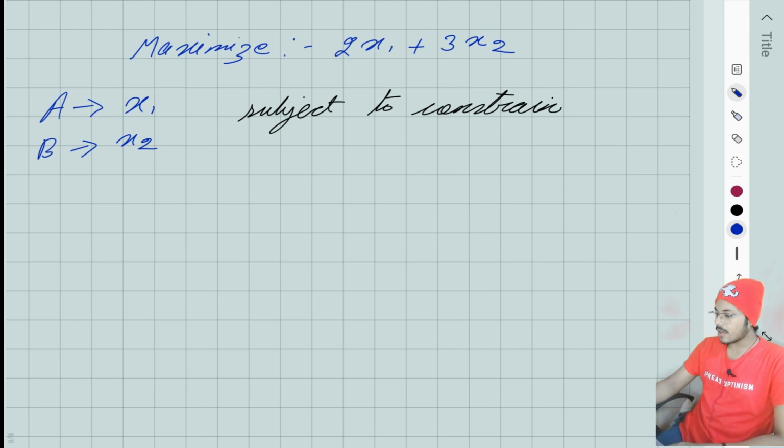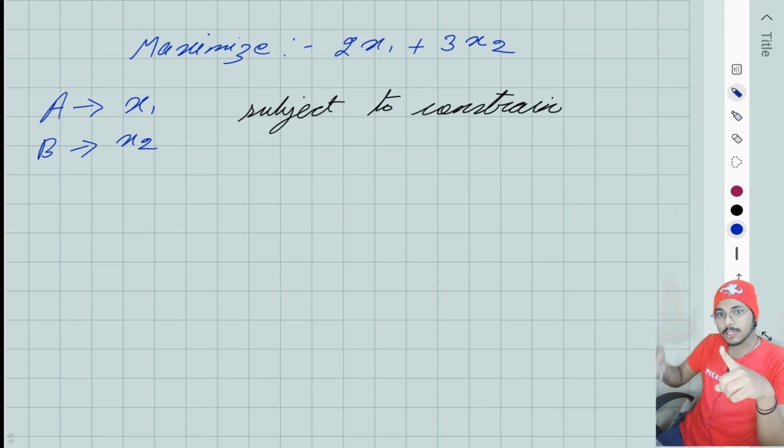X1. So if X1 number of products has been produced, then how much time will M1 take? See here, for one product of A, M1 is taking 1 minute. So for 10 products of A, M1 will take 10 minutes.